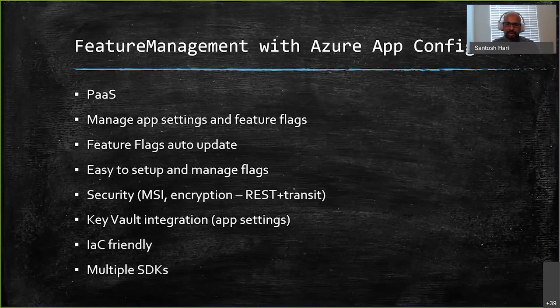It has a dedicated UI for feature flag management in Azure portal. You can compare different versions of a flag. So let's say you keep toggling your flag on or off, you can go back and see when it happened and who did it and other things like that.